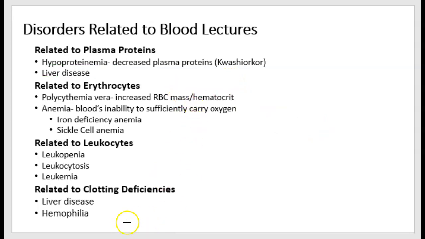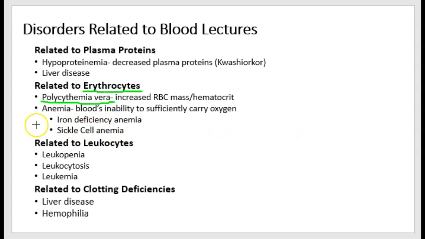And then we also talked about some disorders related to erythrocytes and erythropoiesis. In particular, we discussed polycythemia vera, which is an increased red blood cell count and mass resulting in a high hematocrit due to the fact that there's a problem with the bone marrow, and so more red blood cells are produced.